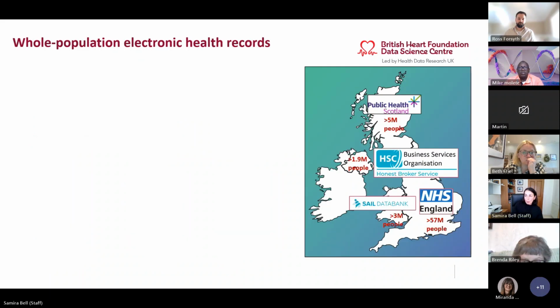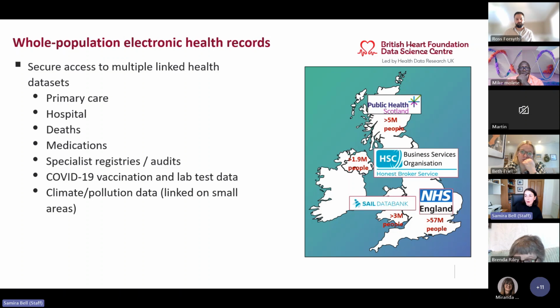So one of the areas of work is whole population work, and the BHF Data Science Centre holds data for the whole UK population, which is an amazing feat and very powerful.